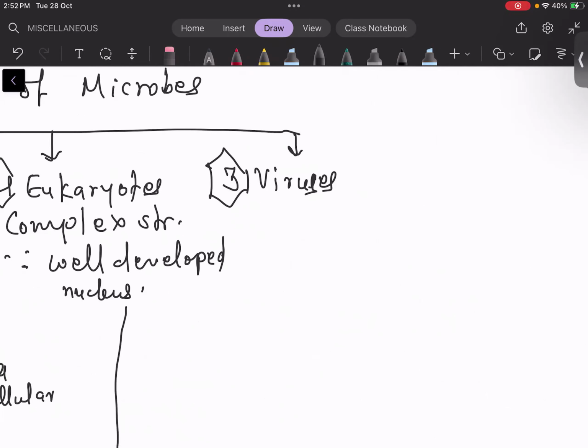The next one is viruses. Now, viruses are non-cellular entities, non-living you can say, consisting of genetic material like DNA or RNA, enclosed in a protein coat. They are not considered living organisms as they cannot reproduce on their own.